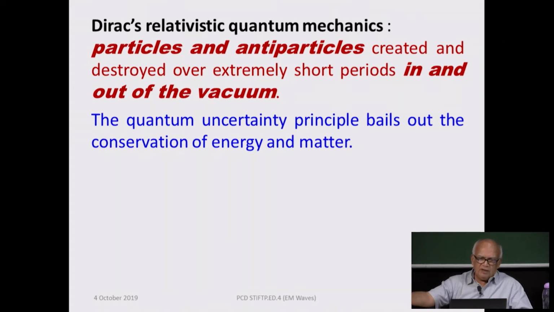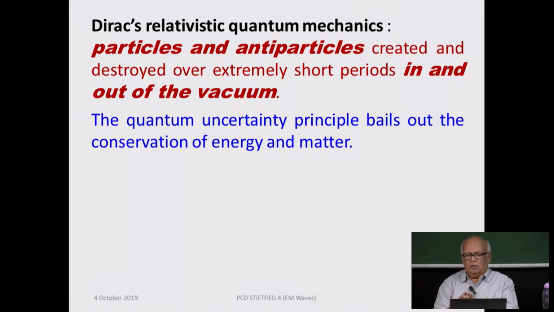And when you get into relativistic quantum mechanics, which was formulated by Dirac, Dirac talks about the possibility, the relativistic quantum mechanics accommodates the possibility of the creation and destruction of particles and antiparticles, and this can take place in vacuum. So out of vacuum, a particle and antiparticle pair can be generated and can also be destroyed, and you can have this happening in vacuum.